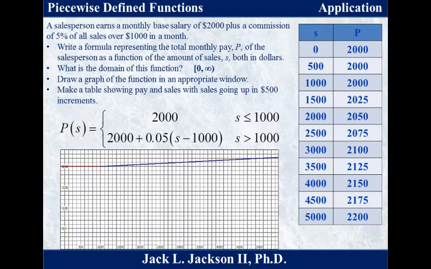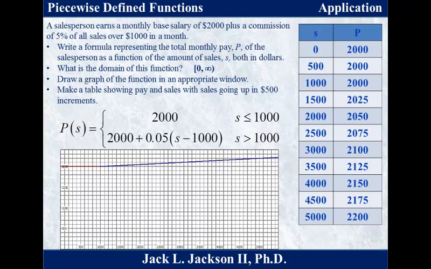So, of course, when I set my window, I'm definitely not going to have any negatives for my pay either, because they're guaranteed at least 2,000. They're not going to take away pay if they sell less. So this is definitely just a first quadrant graph. And notice the piece that's in red on the graph is the piece of sales up to and including $1,000 of sales.